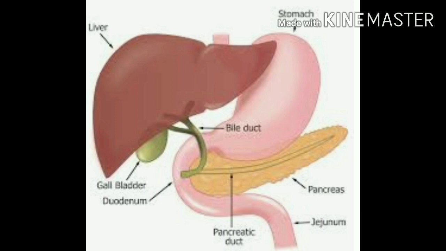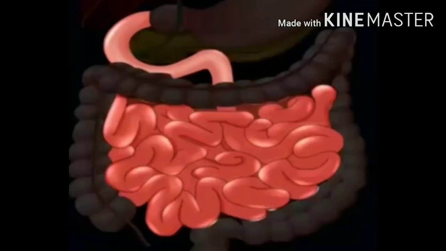The pancreas secretes pancreatic juice, which contains enzymes like trypsin for digesting proteins and lipase for breaking down emulsified fats. The walls of the small intestine contain glands called intestinal glands which secrete intestinal juice.